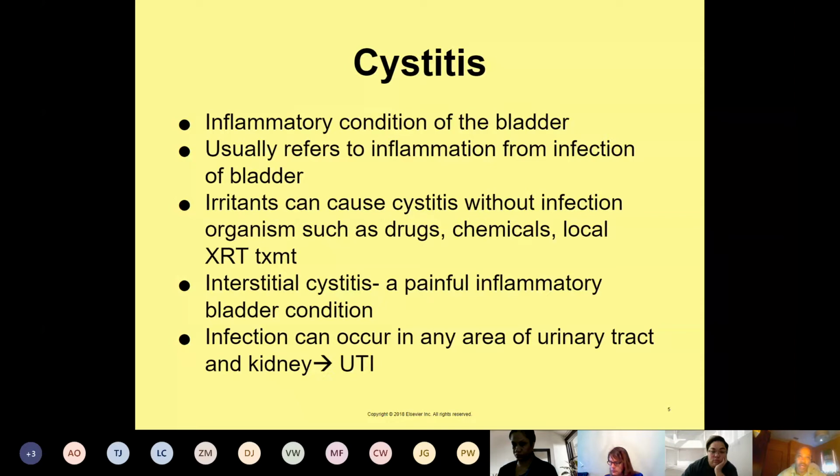This is one of the reasons why we talk about clean catch urine specimens. So if male or female, if you're giving a specimen, you clean starting from the urethra and then outward with some kind of antiseptic pad, and then you urinate, and then midstream you catch it.